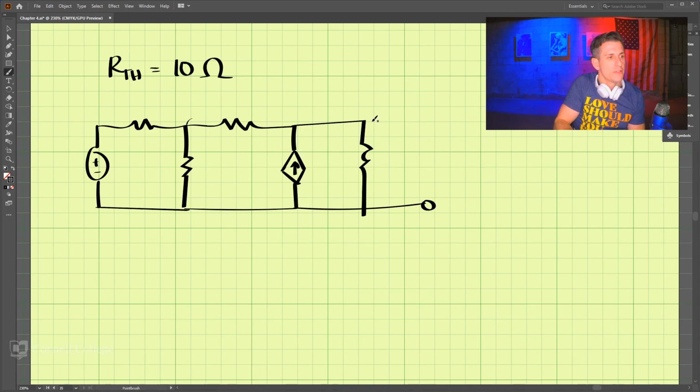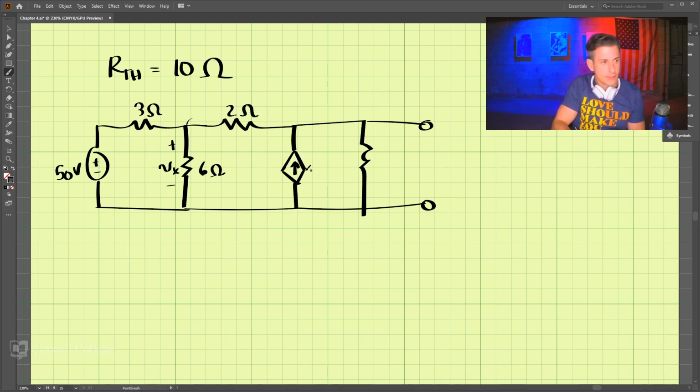And these are our terminals here that we're trying to find. This is 6 ohms, and we're trying to find Vx here, and 3 ohms here, 50 volts, and 2 ohms here, and this is 0.5 Vx, and then 10 ohms.